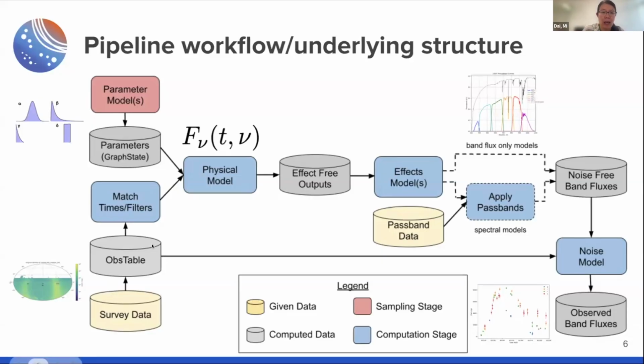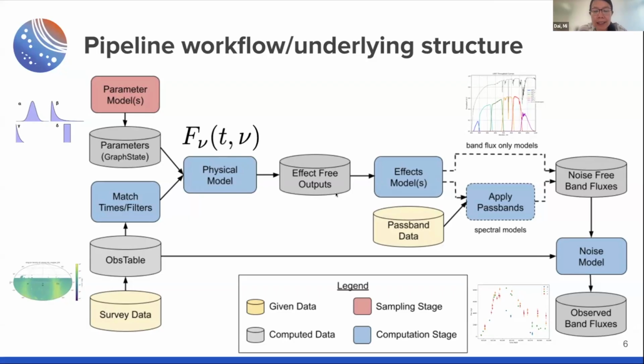And then we have this observation table, which takes in the survey data, including cadence, survey conditions, and filter information, and we summarize that into an observation table, and we can use it to efficiently match time and filters that can be put in as a parameter to your physical model.